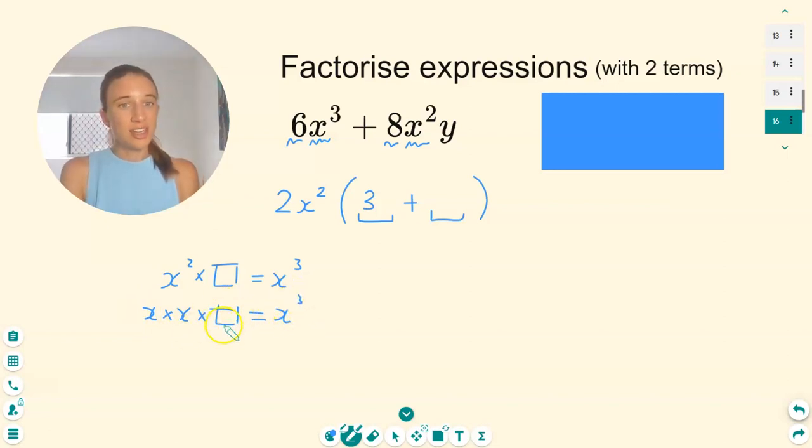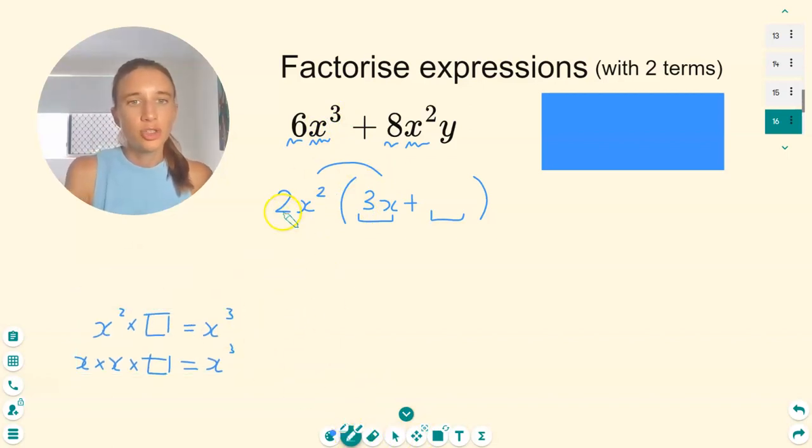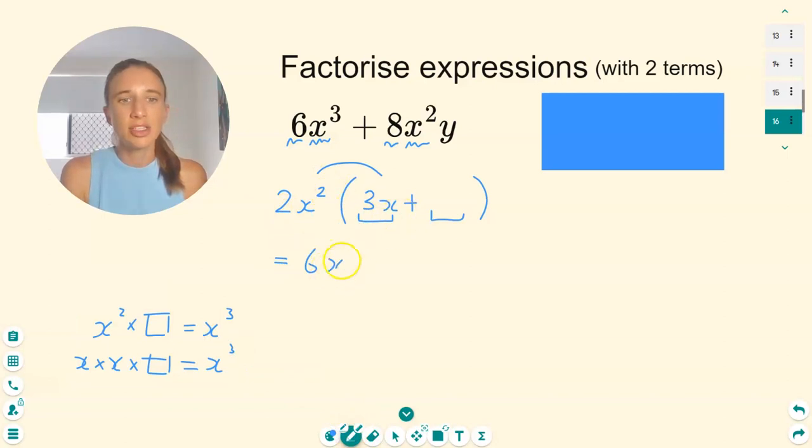So it's just times x. Hopefully that made sense. 2x squared times x will give me x cubed. You can multiply that out to check if you're not quite confident. 2 times 3 is 6. X squared times x is x cubed. So that's something to remember.